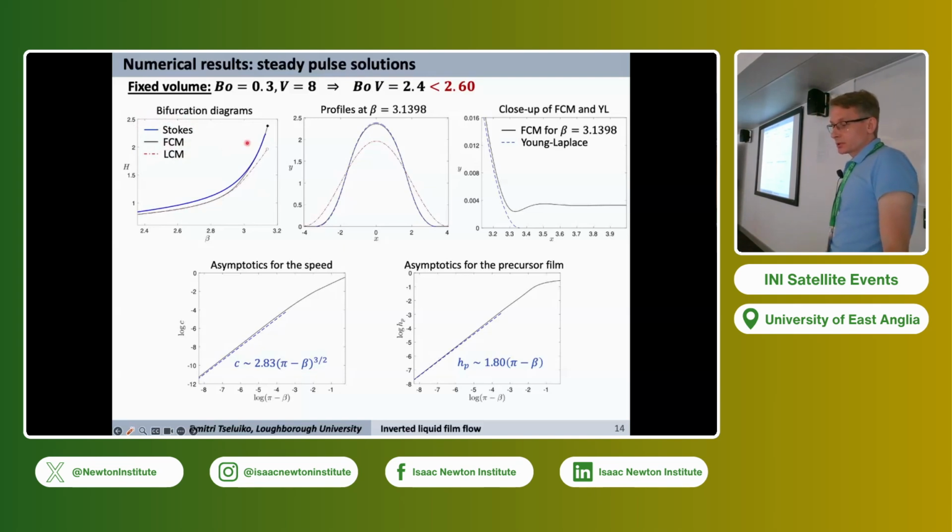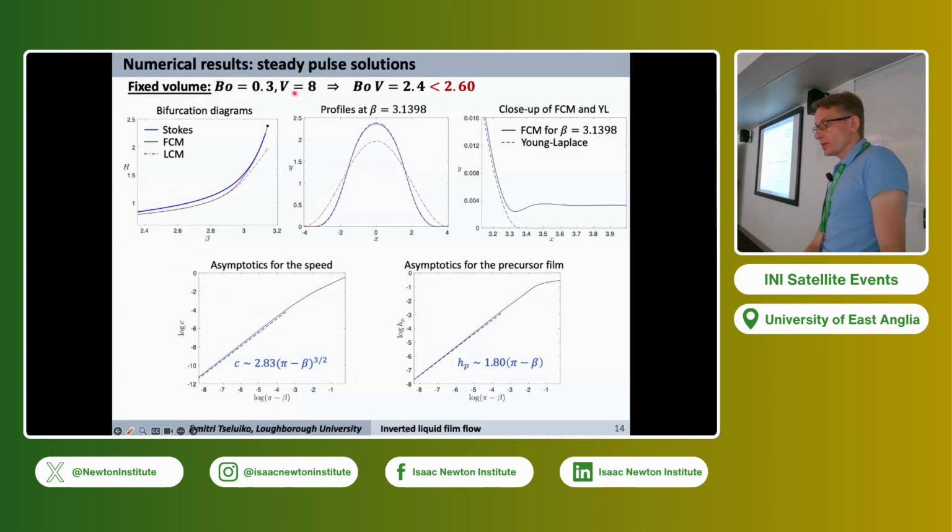We consider two different cases, the fixed volume case and the fixed flow rate case. Basically we change the inclination angle, and as the measure of the solutions, I plot the droplet height over the inclination angle.